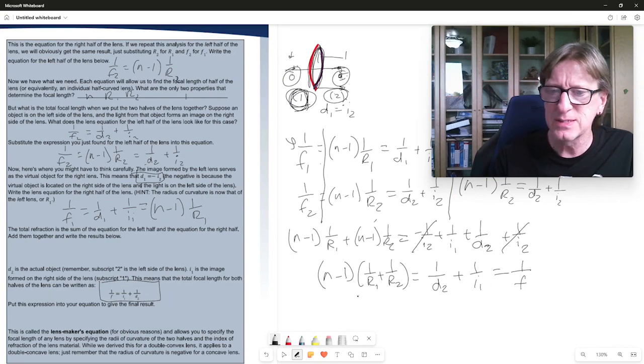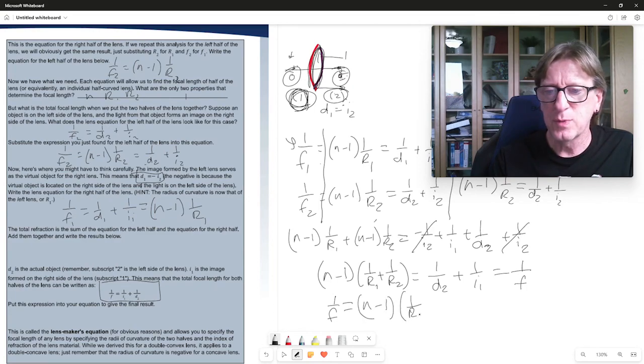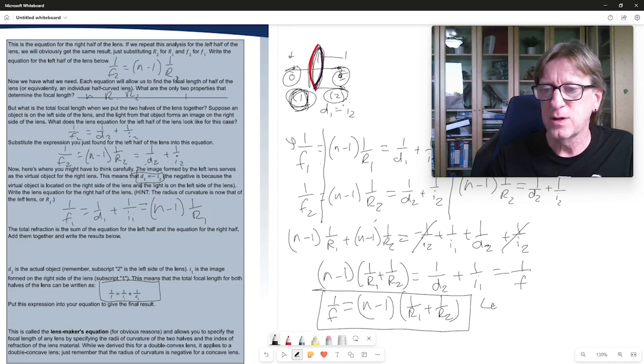So this fits the standard formula. And this tells me then that 1 over F must equal (n minus 1) times (1 over R1 plus 1 over R2). And this is called the Lensmaker's equation.